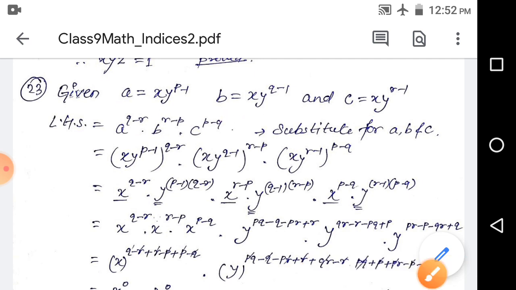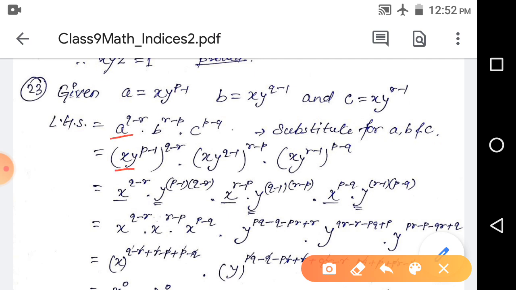So see, for a it is x y to the power p minus 1, and as a has the power q minus r, here we have q minus r as the power. Again we substitute for b, x y to the power q minus 1, and here we have r minus p. In this way we substitute for c also.